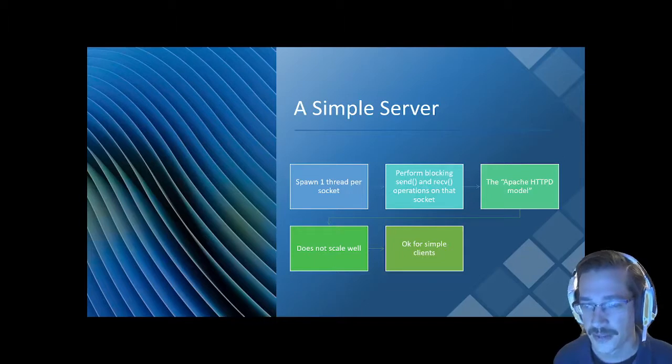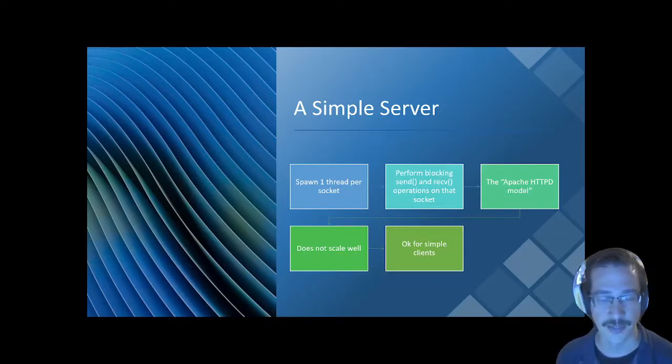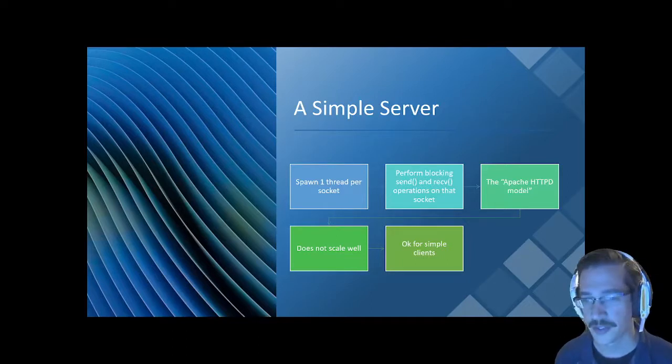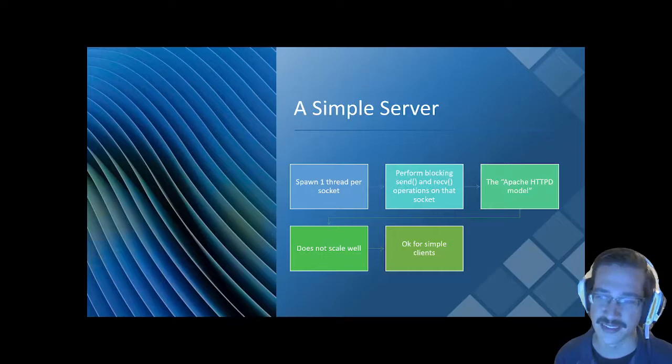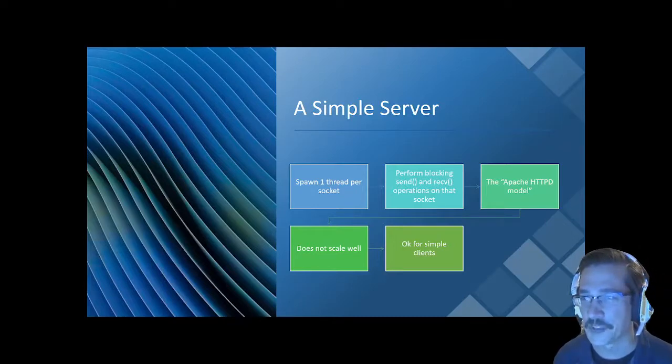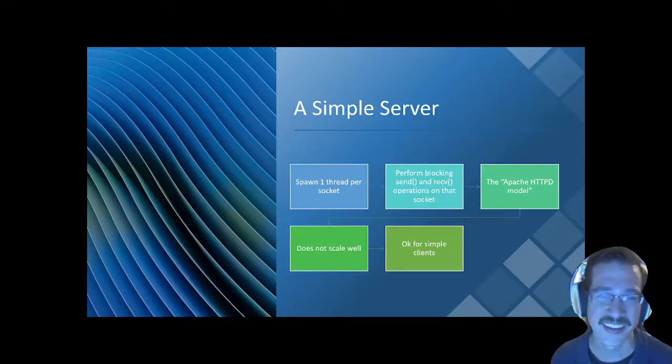Well, the starting point is probably to have one thread accepting new connections, and for every new socket that's created out of that, spawn a thread, and have that thread sit and do a blocking receive, and send responses with a blocking send. This is like the old Apache HTTPD model, the old web server from the late 90s. That's how it originally worked.